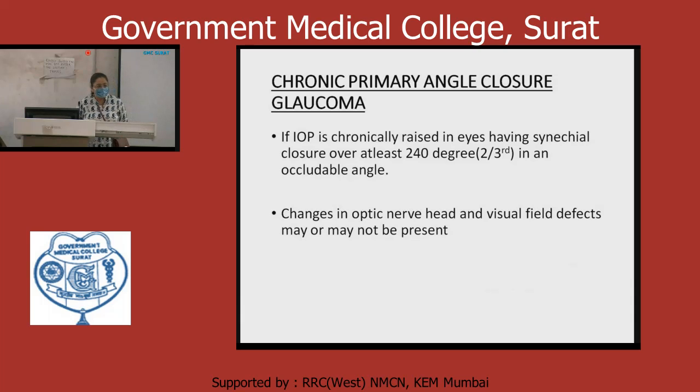The patient's IOP is raised and not drained because the pupil is mid-dilated and more than 270 degrees of peripheral anterior synechia is there. So you have to go for AGS surgery.